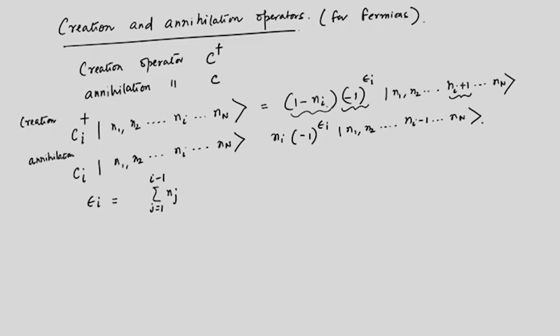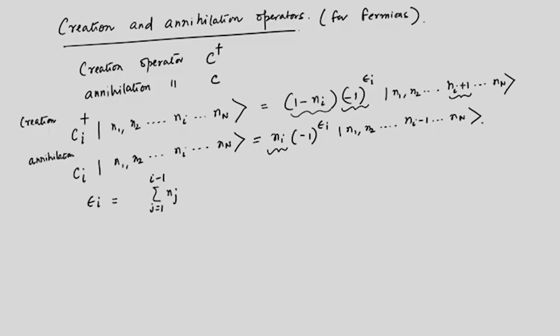So, this is that (1 minus ni), and this ni that you see, I am sorry, I forgot to put an equality sign, makes sure that the occupancy can never be negative. Okay. So, it is either 0 or 1.